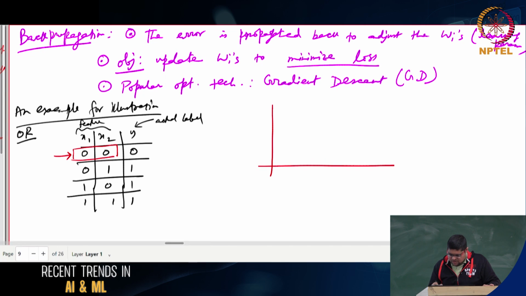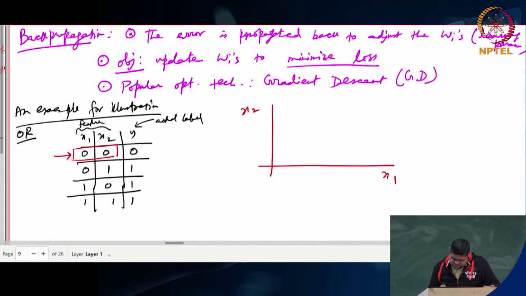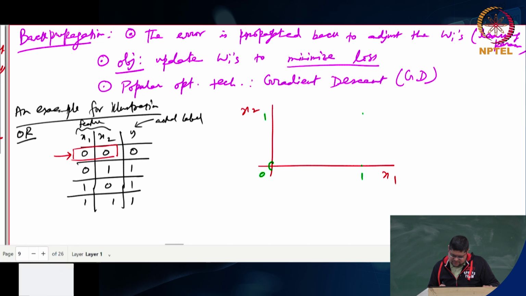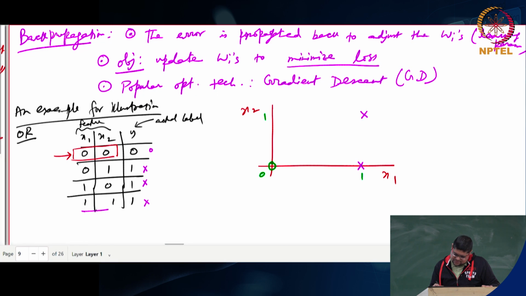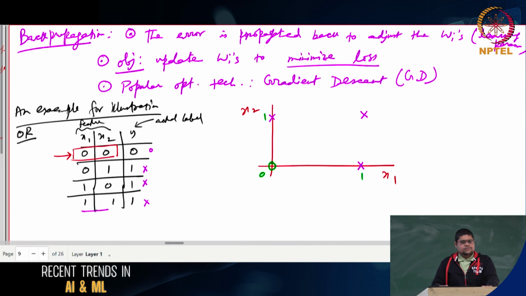If I plot this, this is x1, this is x2, with 0 and 1 on each axis. The 0 0 point is 0, and the 0 1 point is 1, which I am marking with a cross. The 1 1 point is also 1. Here I am giving a cross, and here a circle. This is what we are trying to do.